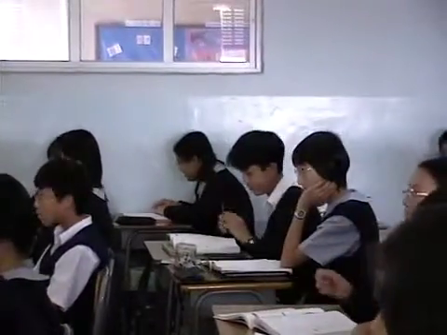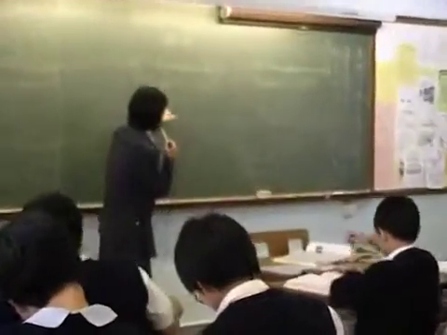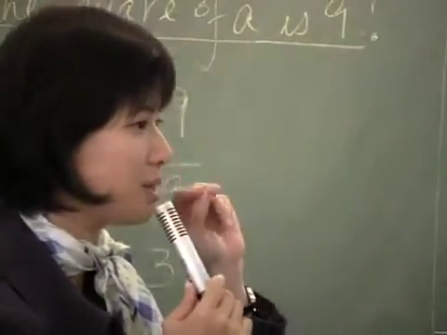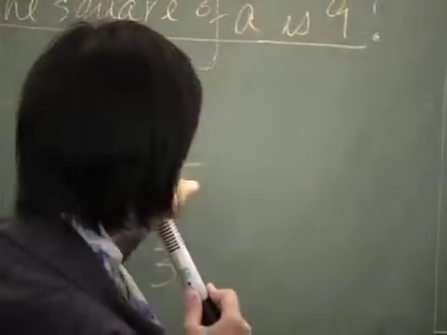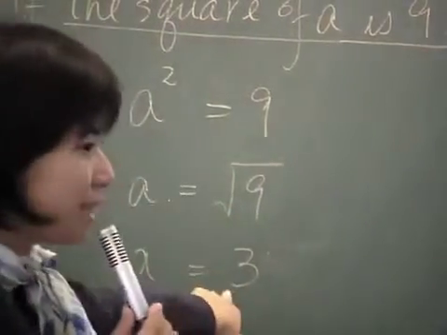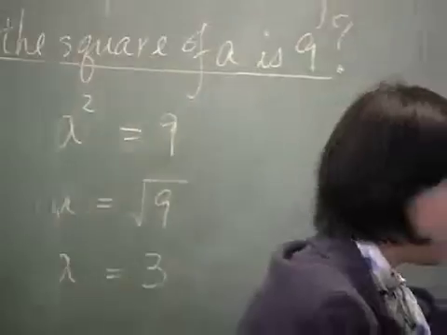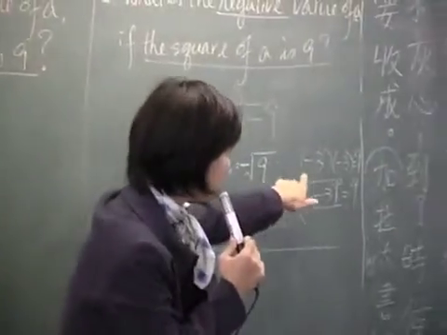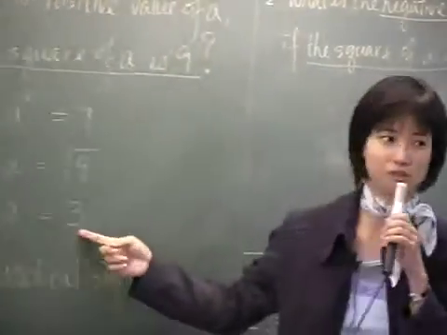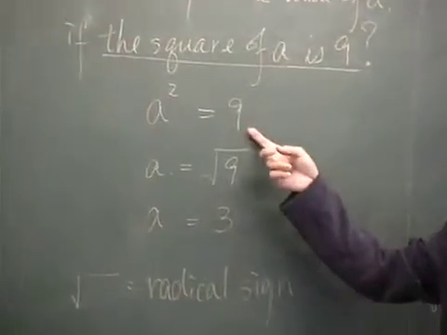Negative 4. So you must know that if A squared equals 9, there are two answers. The values of A may be positive 3 or negative 3. Why? Because negative 3 times negative 3 is 9, and 3 times 3 also equals 9.